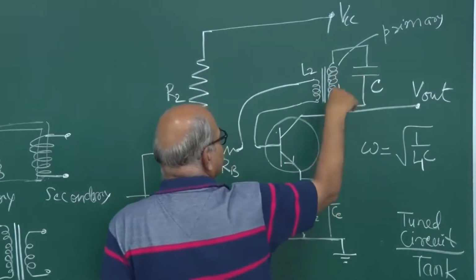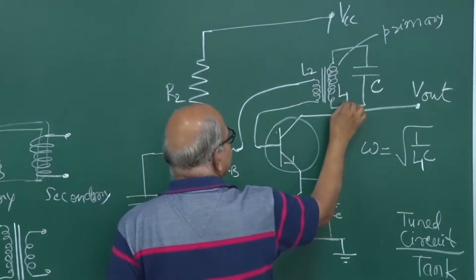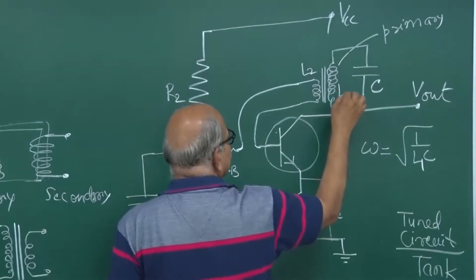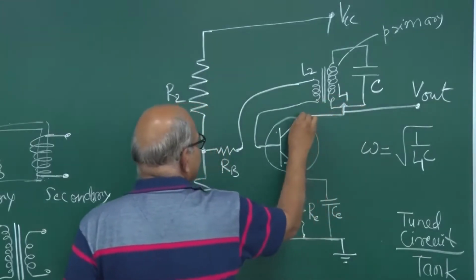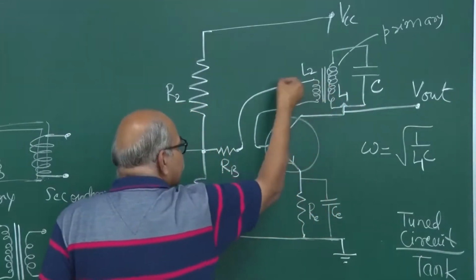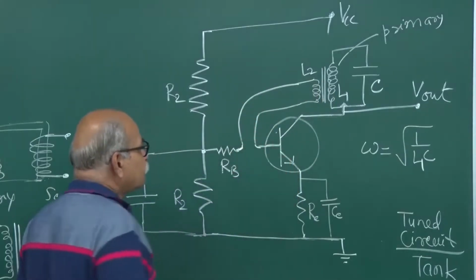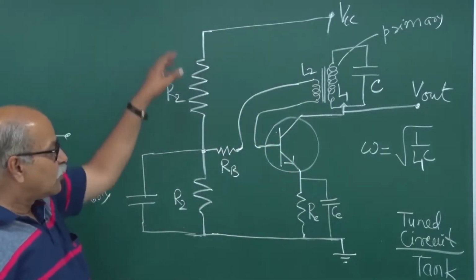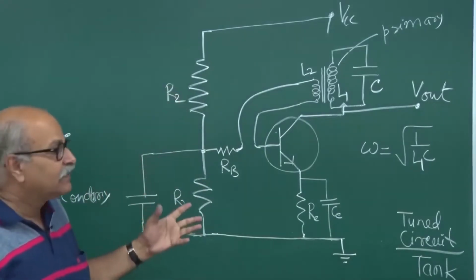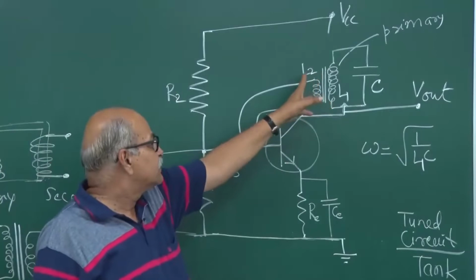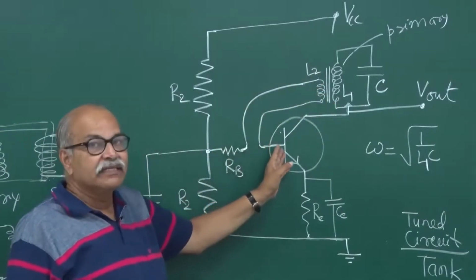So whatever is lost, whatever is gone is compensated from here. This amplifier is giving signal into it, and what is it amplifying? It is amplifying this signal. So we are not giving anything from outside. From outside we are not giving any AC signal. It is only this AC signal which is coming and going into it.